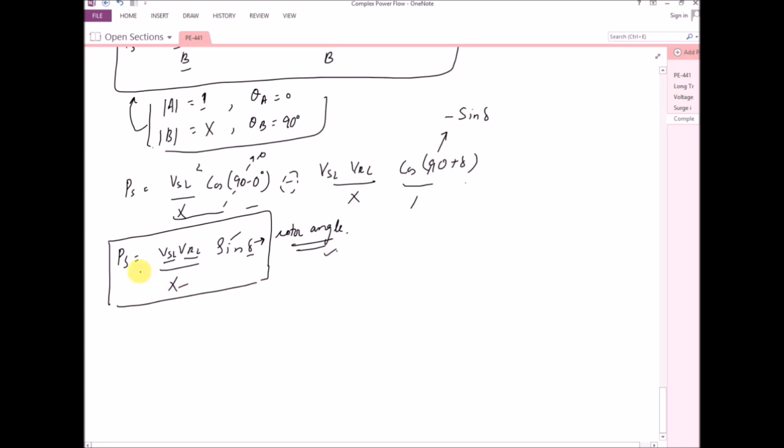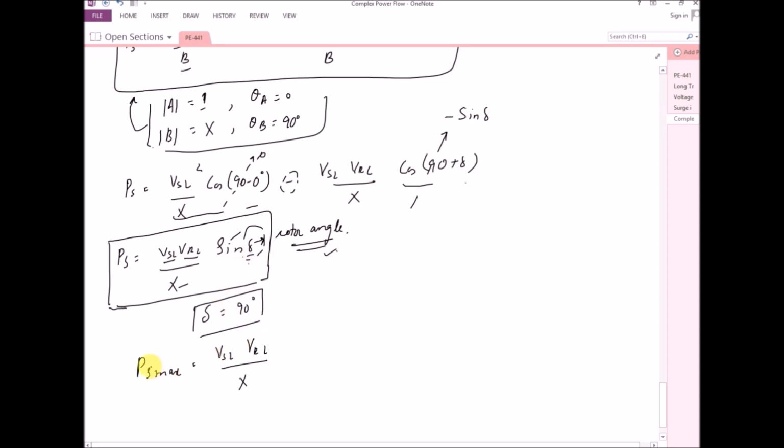Now if I have to maximize this power, I can only control this delta. If delta is equal to 90 degrees, we will have the maximum power, right? So PS max is equal to the sending end voltage times the receiving end voltage magnitude divided by the reactance of the line, and sine delta will be equal to 1 because delta is equal to 90 and sine 90 is equal to 1.